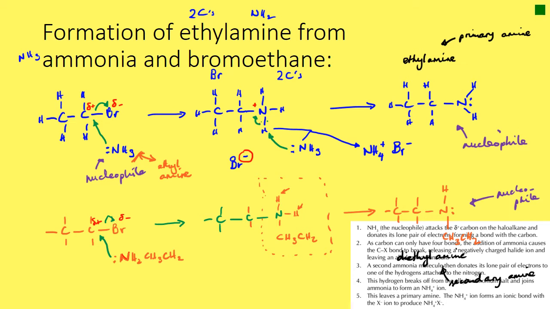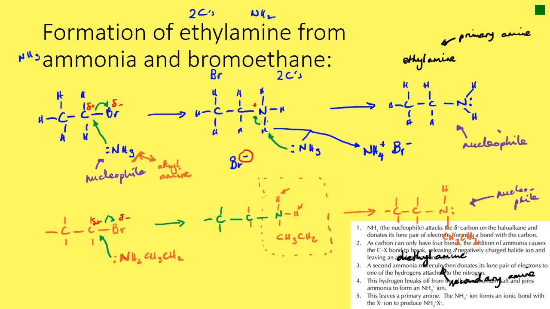That has a lone pair of electrons, so that is a nucleophile as well. This whole molecule is the nucleophile, and it's a nucleophile because, as I just said, it has that lone pair of electrons available to hunt out any positive charge, that lone pair of electrons that's on the nitrogen atom. So that's a nucleophile as well.